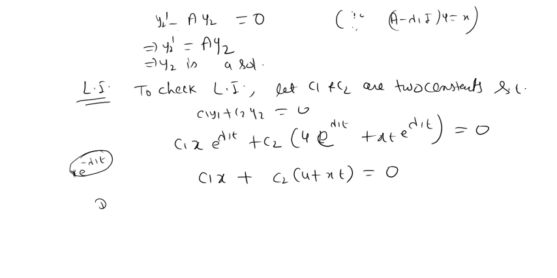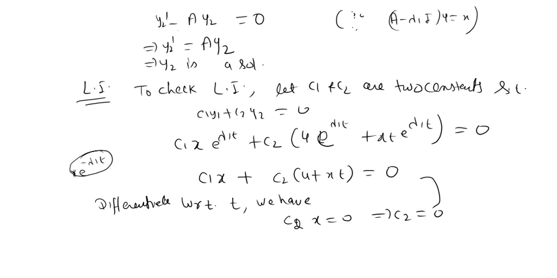So now differentiate with respect to t. The first term will vanish, so the second term will give you c2, u will be 0, and x t differentiated will be x, so c2 x equals 0, so this will give you c2 equal to 0.